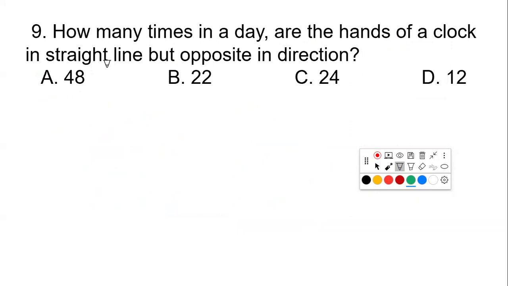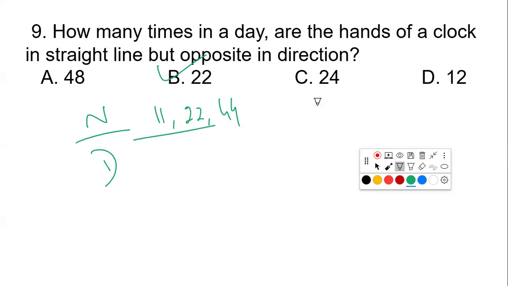So 24 hours, it will happen how many times? 22 times. As I told you, na, look for numerator. Numerator is 11 or 22 or 44. So if the numerator by denominator, this will be 12, this will be 24, this will be 48.